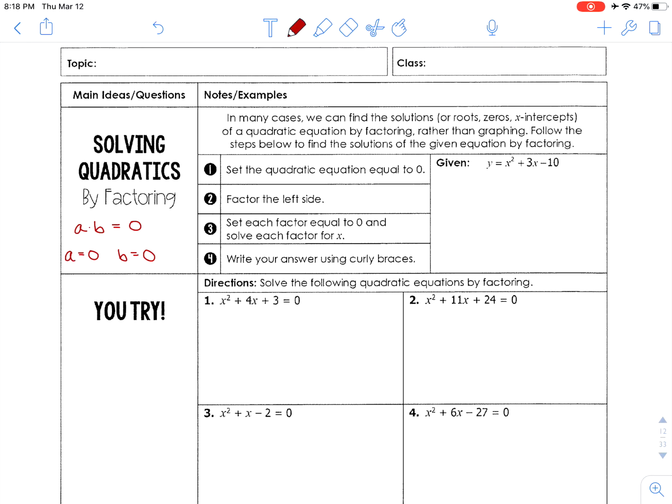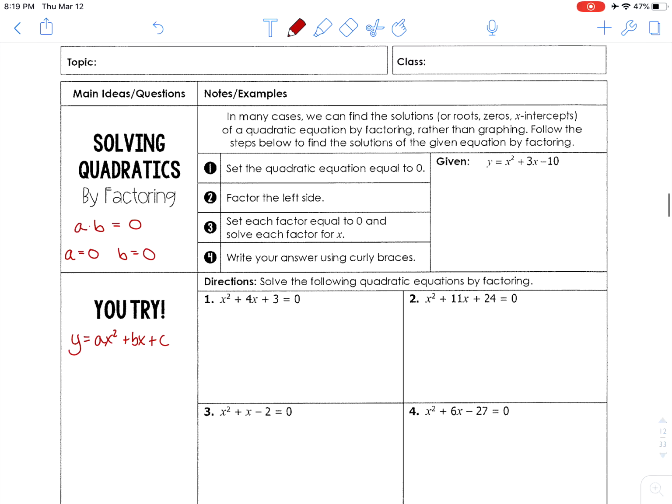We're going to use a method that I call the sum and product. Okay, so if we're thinking about something in terms of y equals ax squared plus bx plus c, when a is 1, we're going to look to use sum and product. Okay, what do I mean by that? If we look up here at the very top right example, I want two numbers that add together to give me positive 3, but multiply together to give me a negative 10.